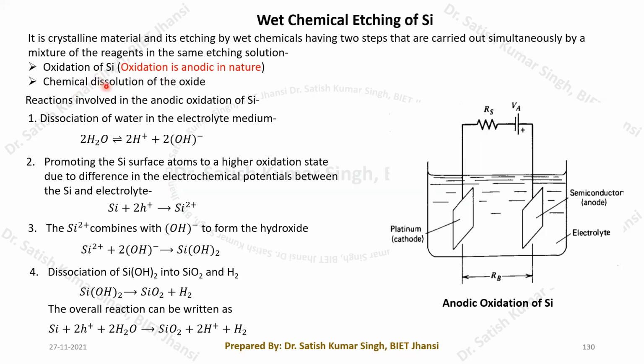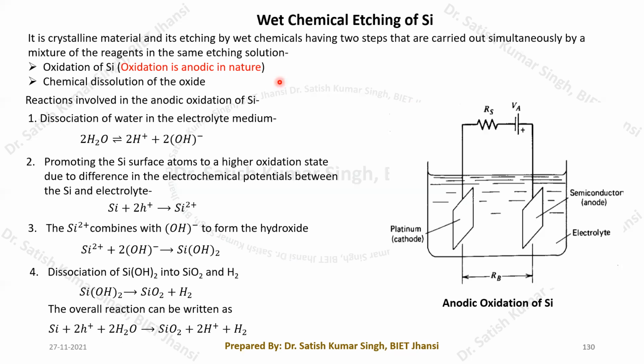A particular chemical solution will be used in which the SiO2 is dissolvable, and after dissolving it we will be able to remove it from the surface of our silicon. So what are the two steps? First we go for the oxidation of our silicon, followed by the dissolution of this oxide.